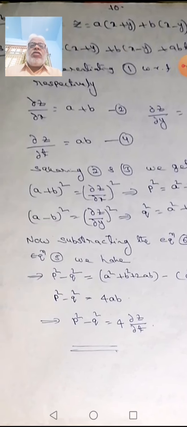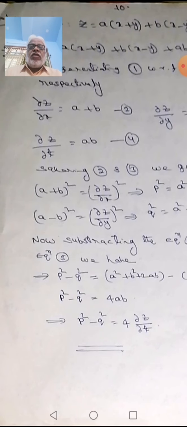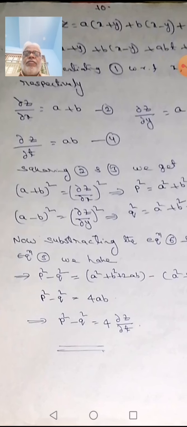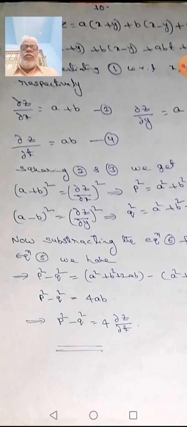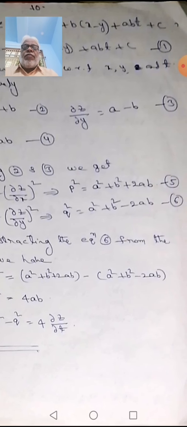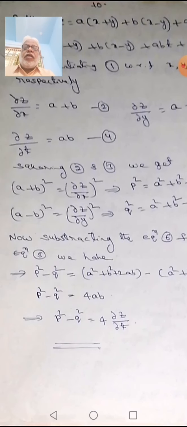The second equation is ∂z/∂x is equal to a plus b. So (a plus b) whole square is (∂z/∂x) whole square. We can use ∂z/∂x as p. So p square is equal to a square plus b square plus 2ab, by expanding (a plus b) whole square.